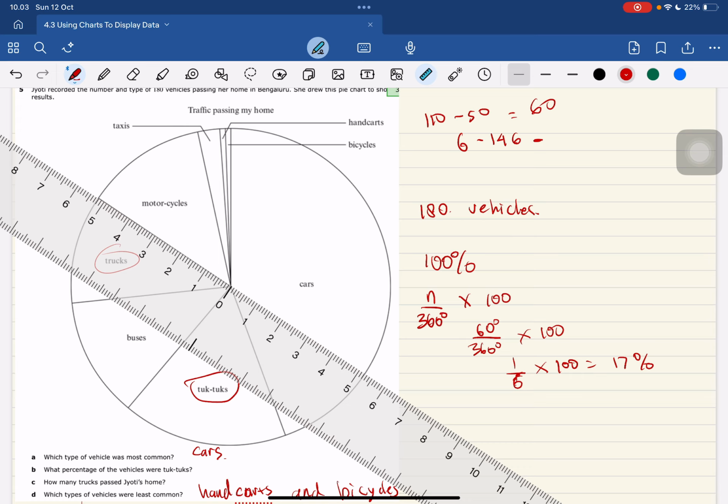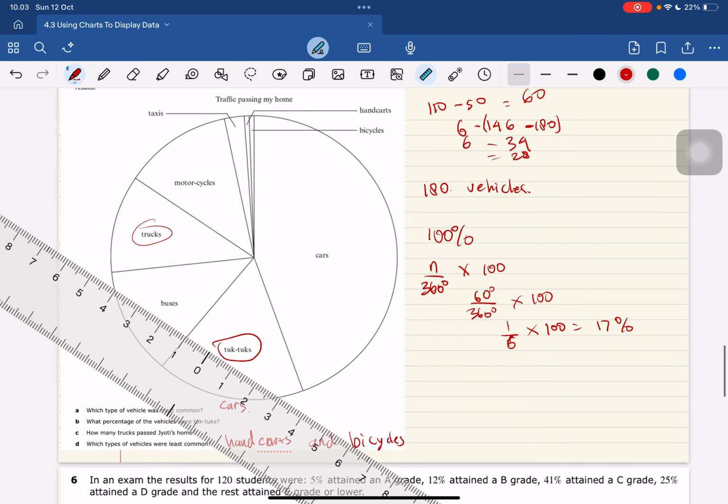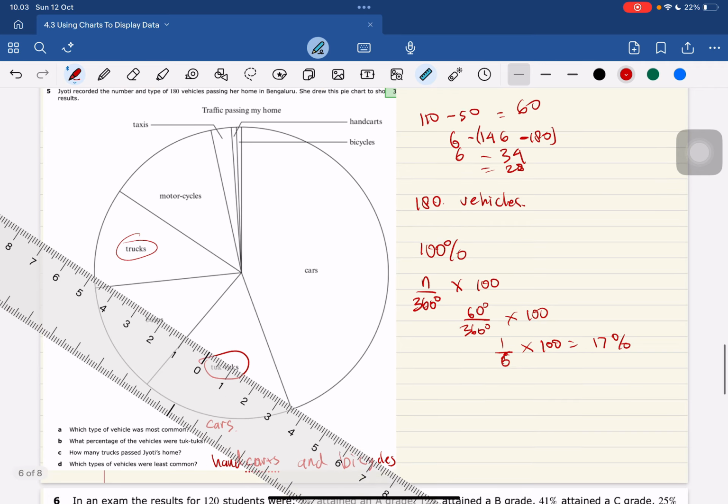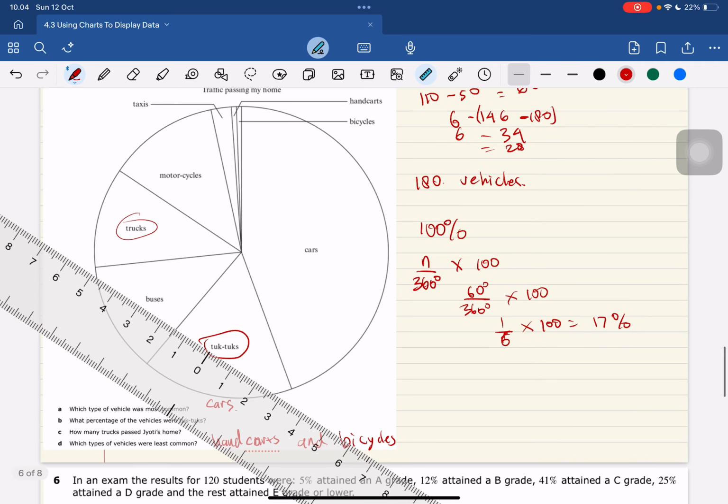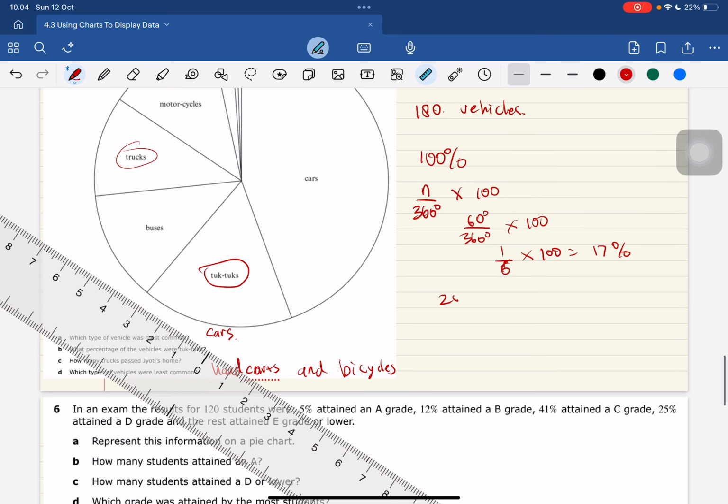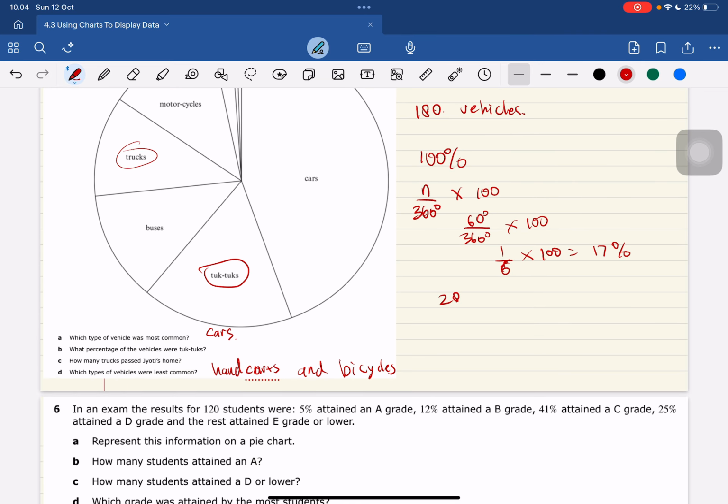Okay, we minus, sorry, for this one first, minus 180, the difference 6, and this is 34. So the difference between 6 and 34 is 28. Okay, we got 28. So this is 17%.